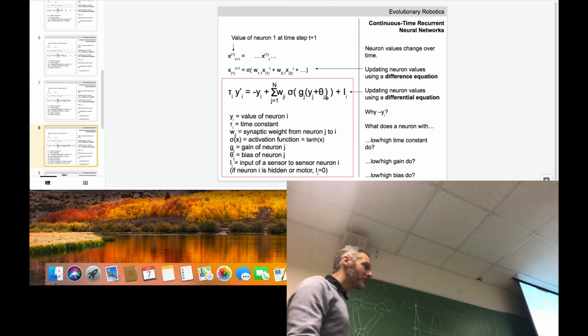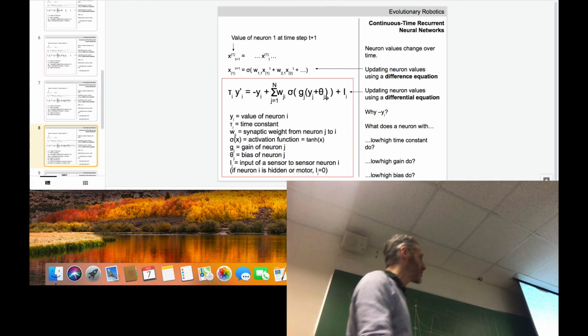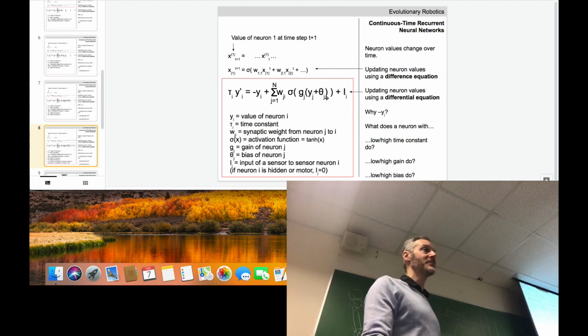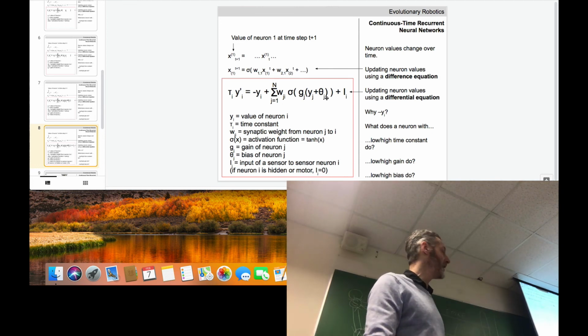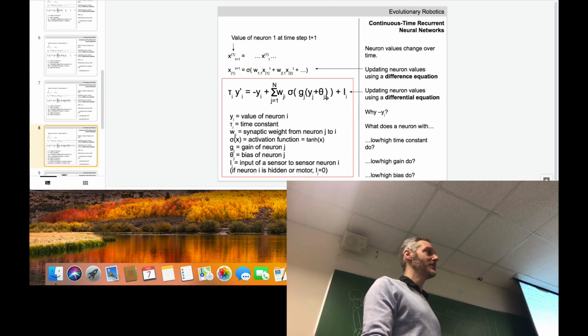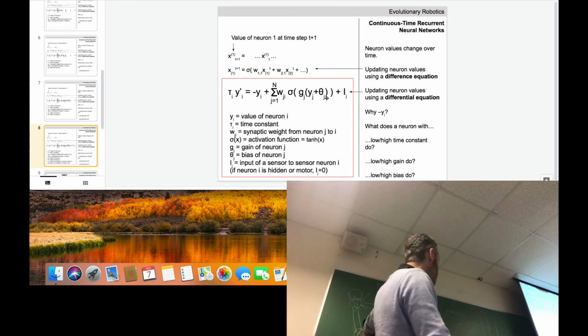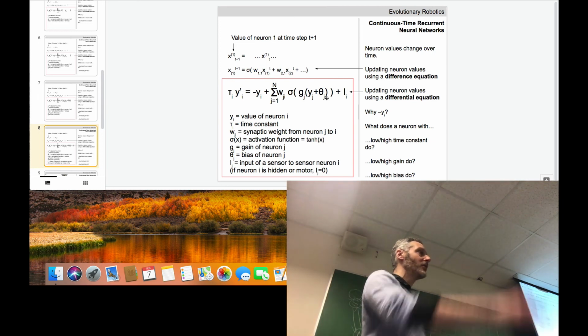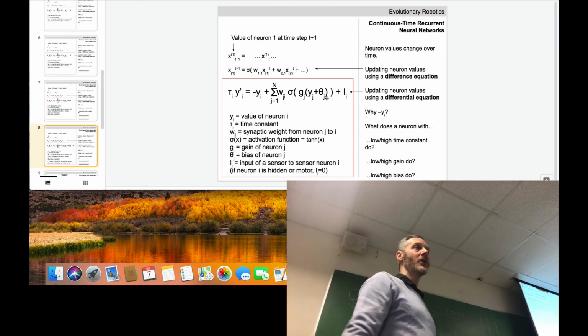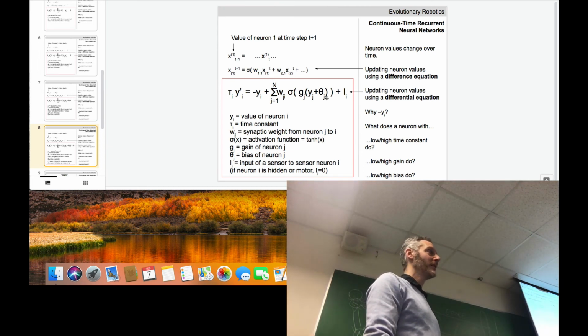This neuron and this neuron do not have any sensors associated with them, so I sub I is 0, or it's just not there. It doesn't really matter. In addition, everything is connected to everything else, unless evolution removes some of these synapses and even neurons by playing with the W's and the G's. If we have a 100 neuron CTRNN, you can imagine a ring of these 100 neurons all interconnected.